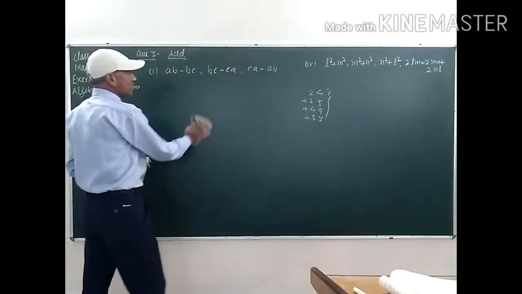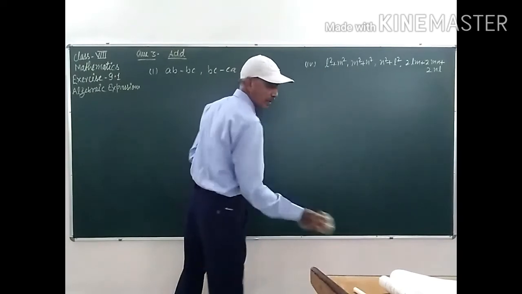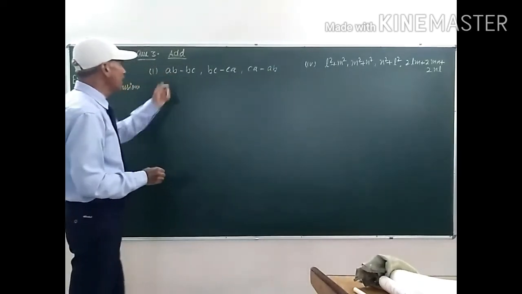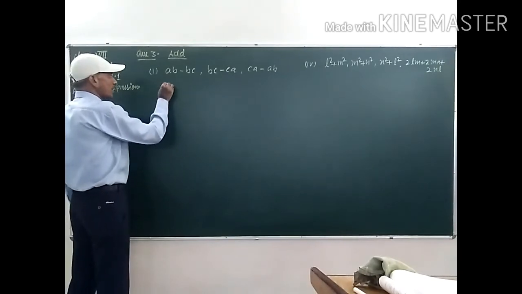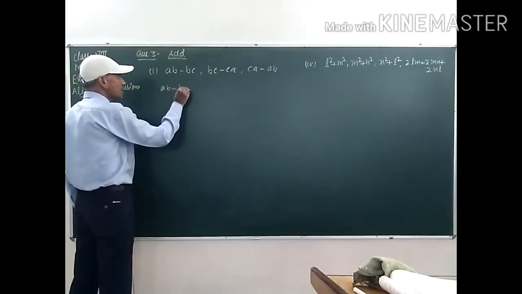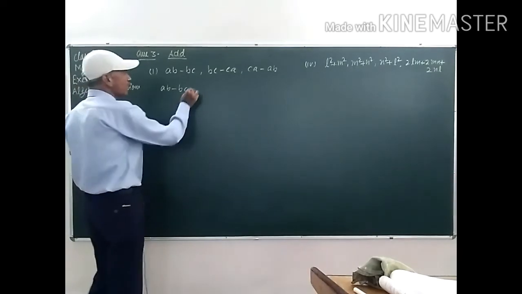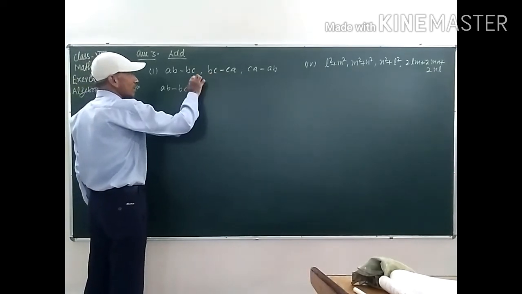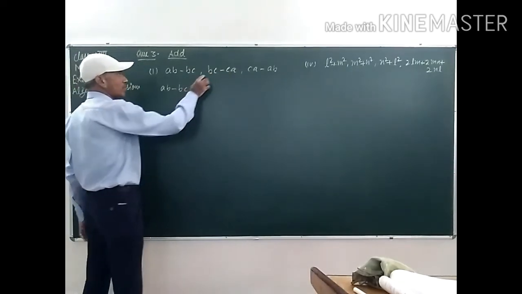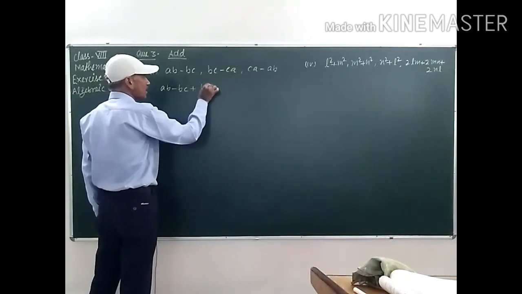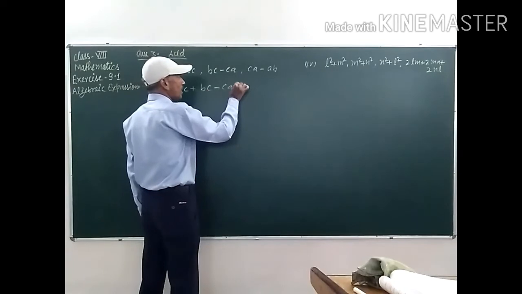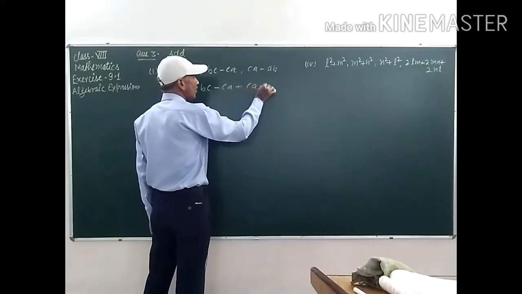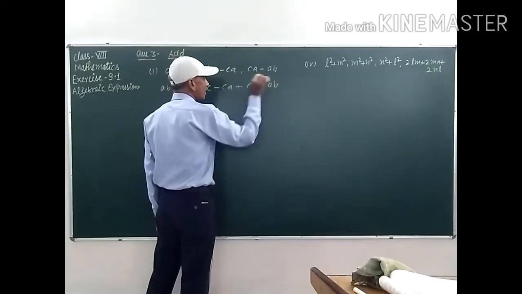So, first question, AB minus BC, add this, AB minus BC, put a sign of addition between these expressions, BC minus CA plus CA minus AB.